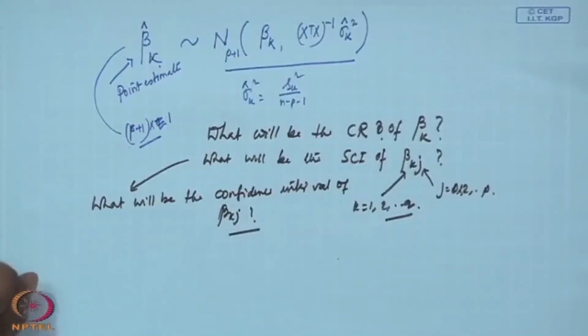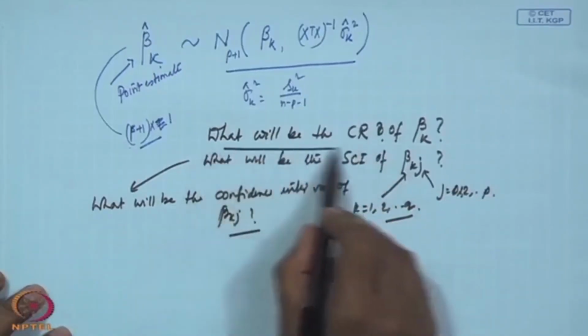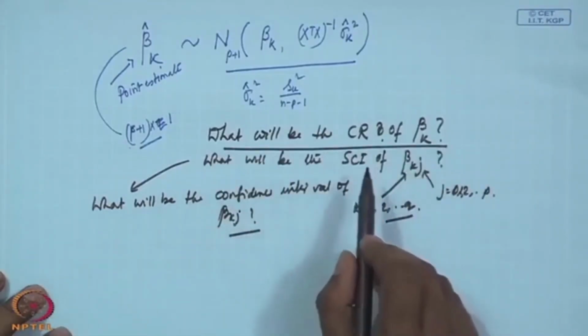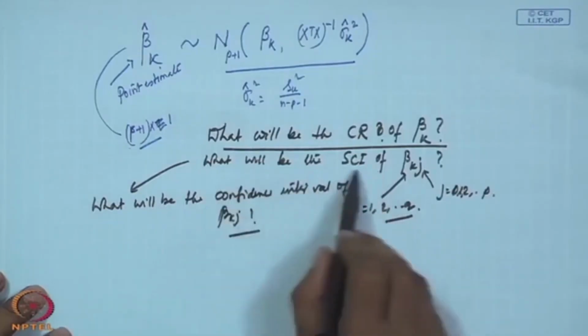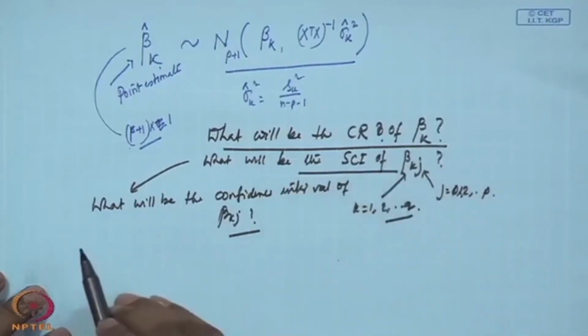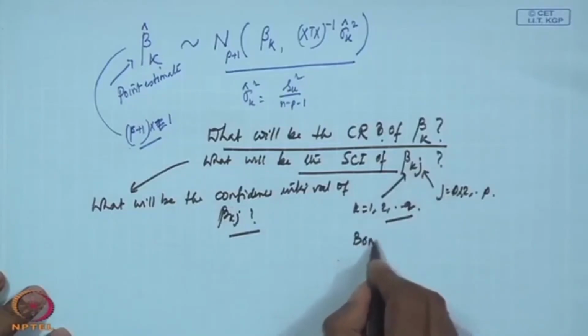Okay. Now if you recall in MLR, we have not gone for this confidence region because of the robustness of regression, and we have described the simultaneous confidence interval of beta kj using the Bonferroni approach.